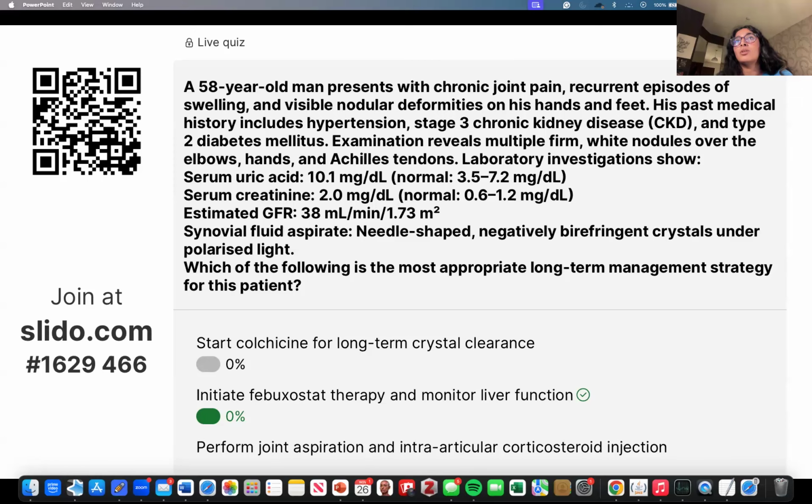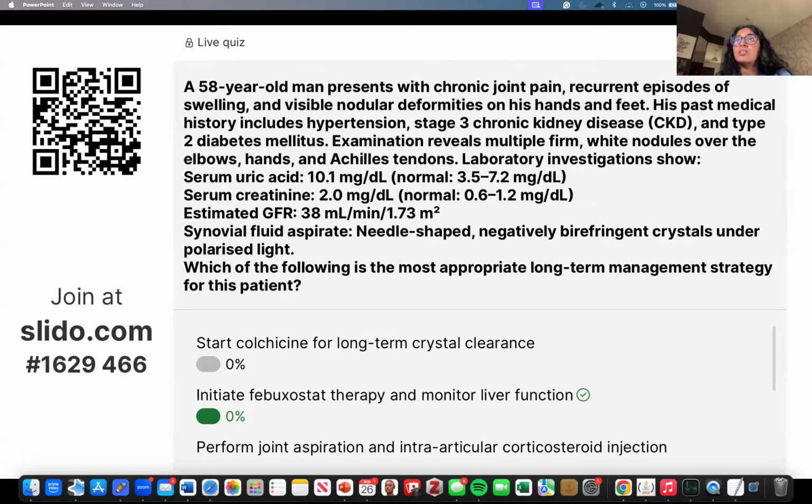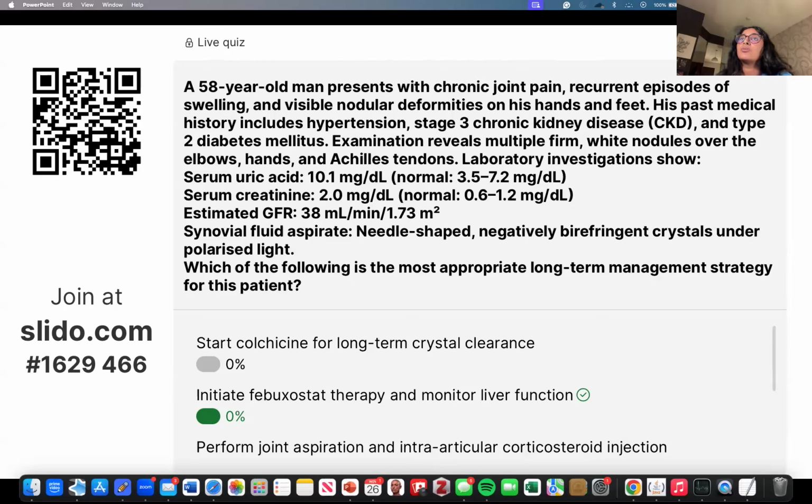He has a strong medical history of hypertension, CKD, diabetes. And the nodules are over his elbows, his hands, his Achilles tendons. His serum uric acid is raised, serum creatinine is raised, which we expect for a CKD. His GFR is low, and we aspirate the synovial fluid. We see needle-shaped, negatively birefringent crystals.